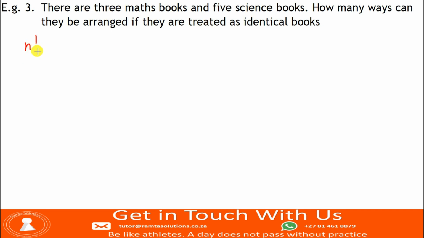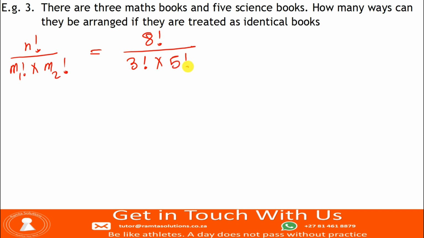So n factorial over m sub 1 factorial multiplied by m sub 2 factorial. Together, they are 8 books. There are 3 maths books and 5 science books. Now, let's see: 8 factorial over 3 factorial times 5 factorial.